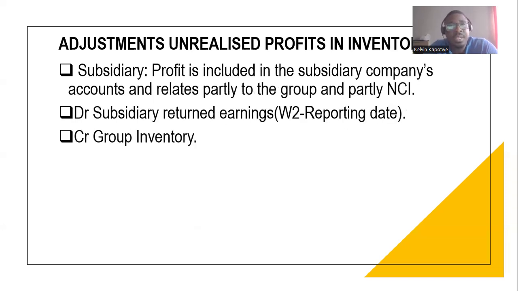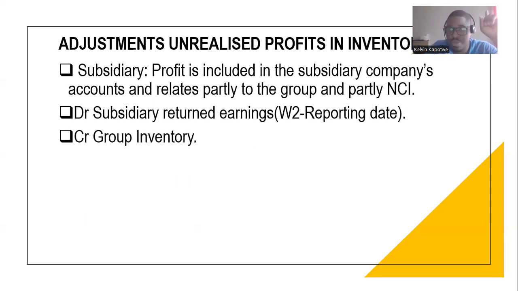If the subsidiary is the seller, then the profit is included in the subsidiary's account. Since these profits are already accounted for, you must eliminate them. Debit subsidiary retained earnings. Where do you debit it? In working number 2, the net asset list.